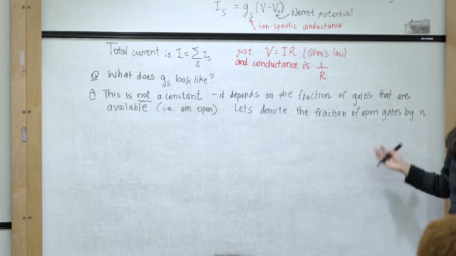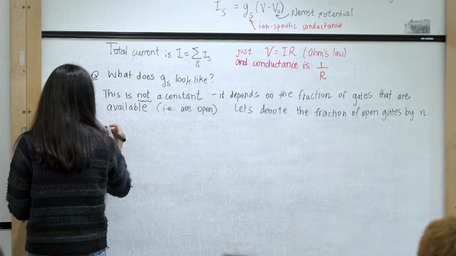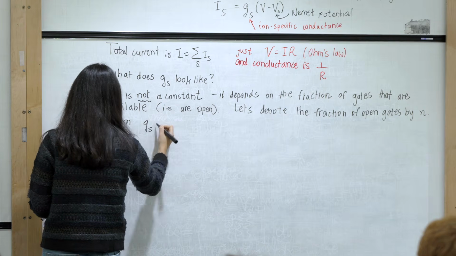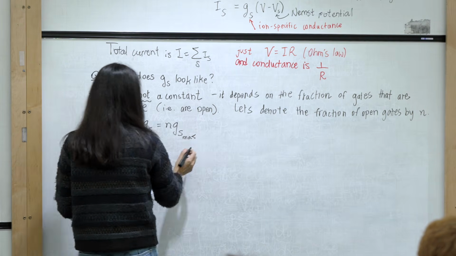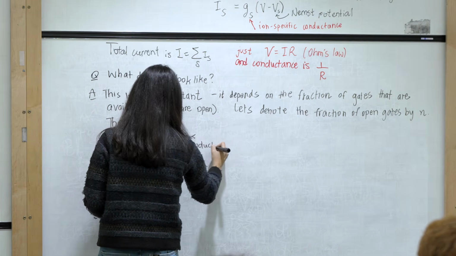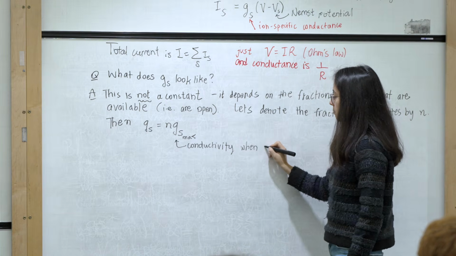If you see that, it's just the same thing. So then I'm going to show that G_S is n times G_S max. And this is basically the conductivity when all gates are open.